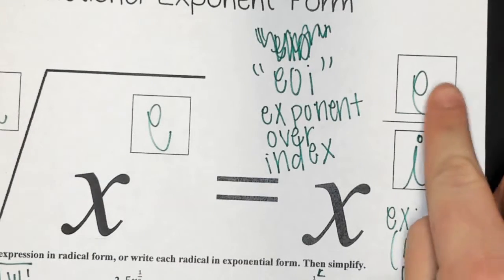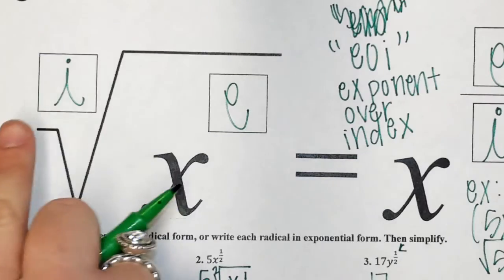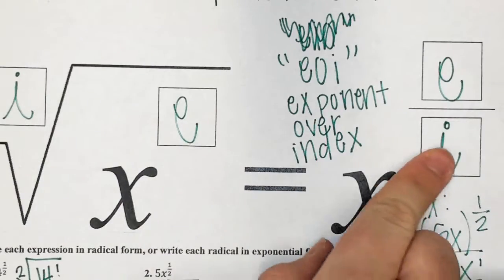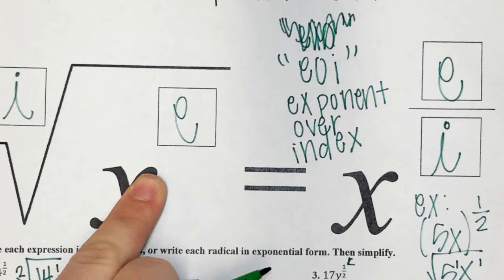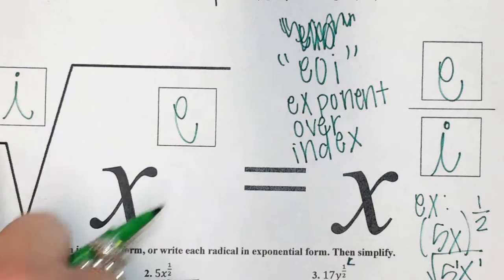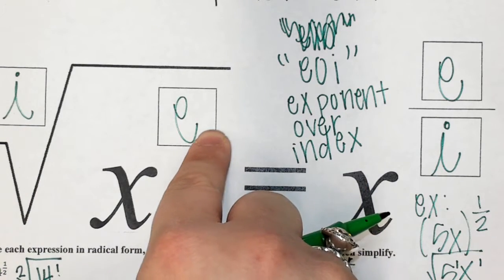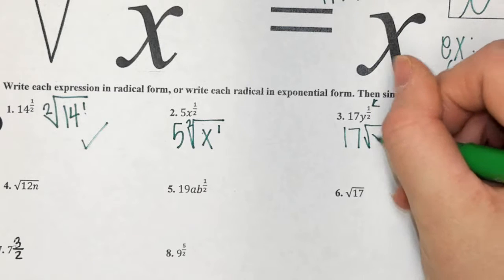So when you have exponent over index, when you're going back to radical form, your index comes over and your e comes down. If you're going from radical to rational, your e goes up and your I comes over. So 17 square root of y to the first power.